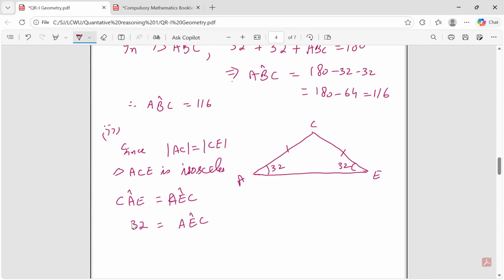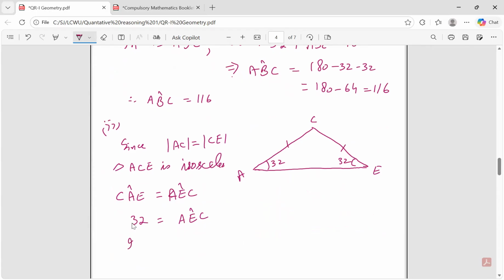So in this triangle ACE, the sum of three angles gives angle ACE plus 32 plus 32 is equal to 180, and it will give you angle ACE is equal to 180 minus 32 minus 32, which is minus 64, equal to 116.